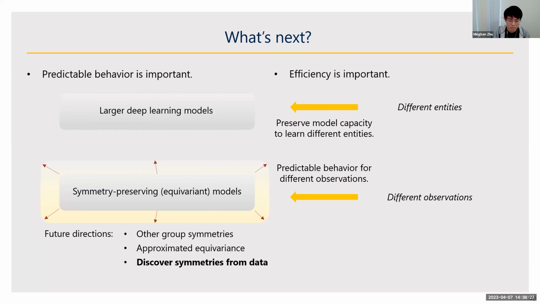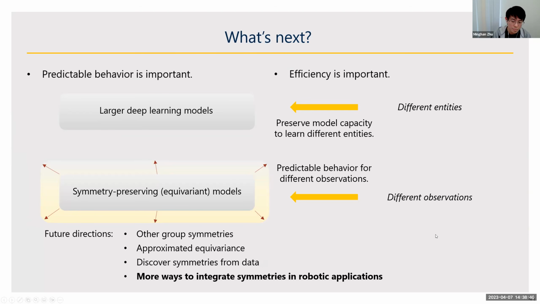Sometimes we may want to learn the symmetries from the data itself instead of designing them beforehand. There is already existing work in this direction, but I think there are still a lot of opportunities in this field. Also, since we are robotics researchers, can we find more ways to integrate the symmetries in robotic applications? I think there are even more possibilities to explore in this direction.